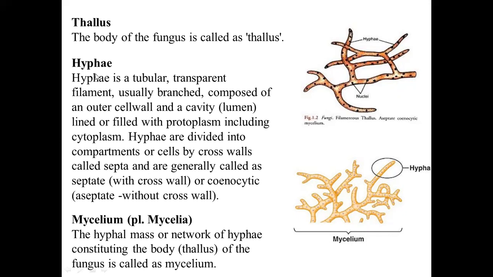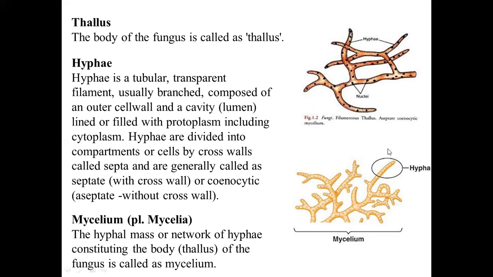Now about the hypha. Hypha is a tubular transparent filament, usually branched, composed of an outer cell wall and a cavity, that is lumen, lined or filled with protoplasm, including cytoplasm. Hyphae are divided into compartments or cells by cross walls called septa, and are generally called septate, with cross walls, or coenocytic, that is aseptate, without the cross walls.